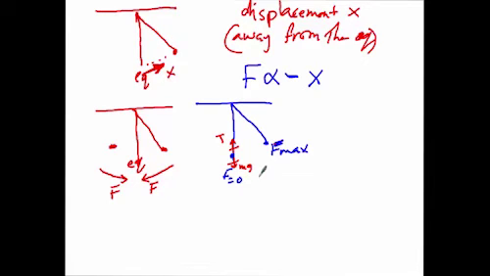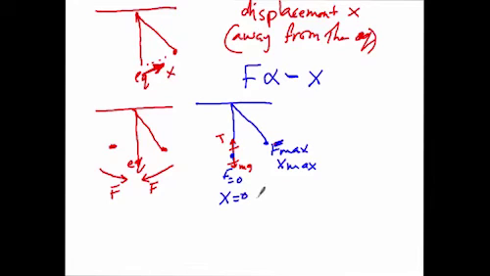But what will happen to the displacement? Also, it is increasing. Displacement here is 0, it is increasing till it reaches its maximum value. That's why the force is directly proportional to the displacement.